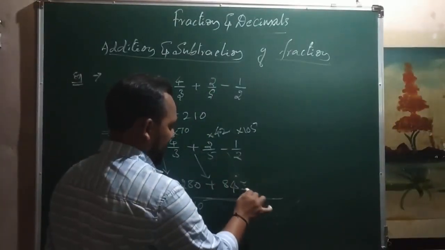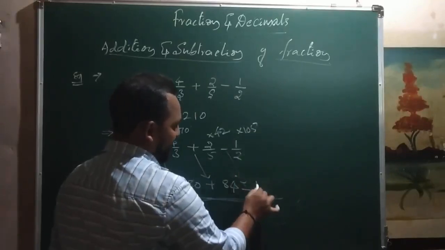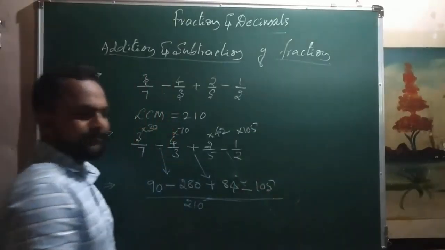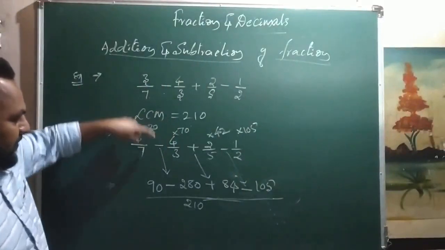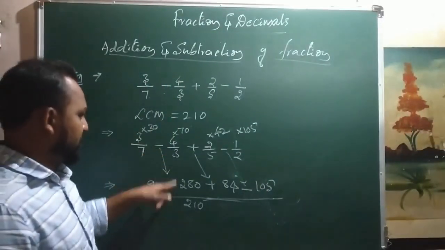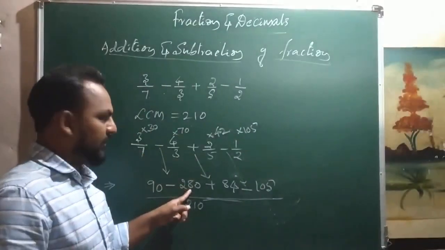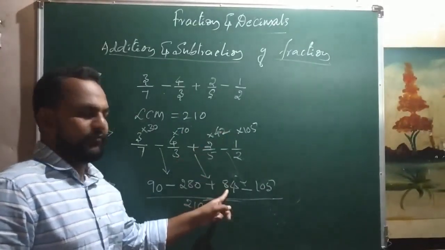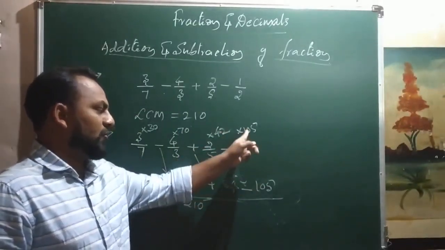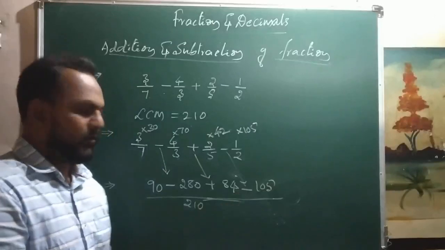The next is minus 105. So 3 30s are 90, as it is minus 4 70s are 280, and 2 42s are 84, and as it is minus 105 into 1 is 105.